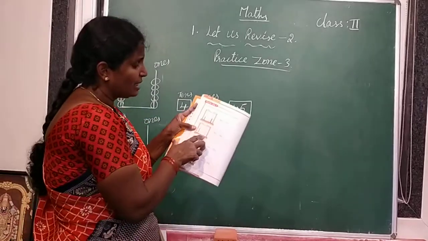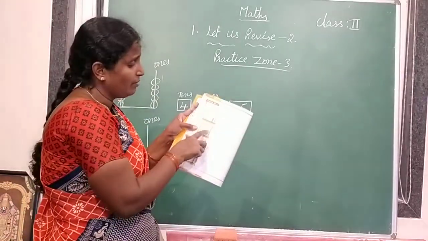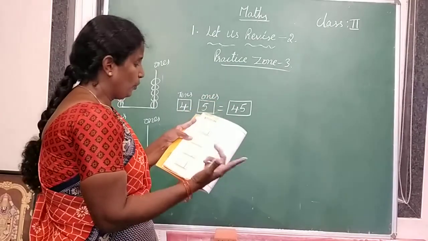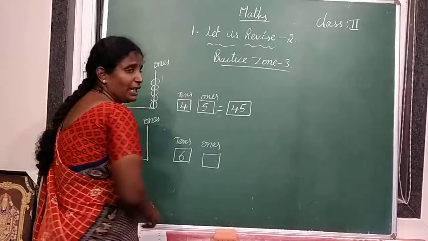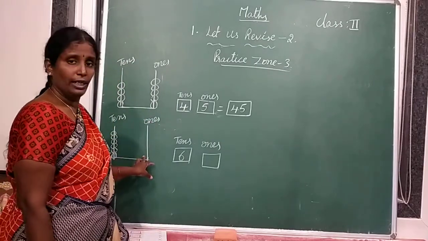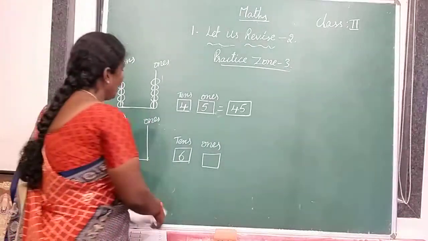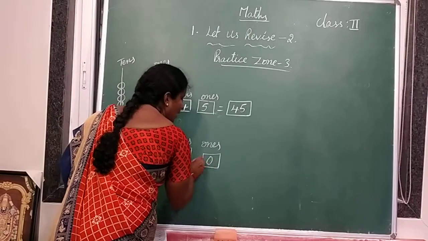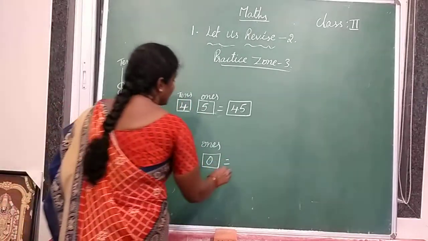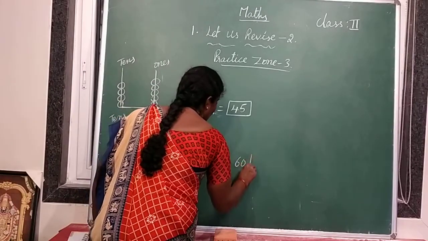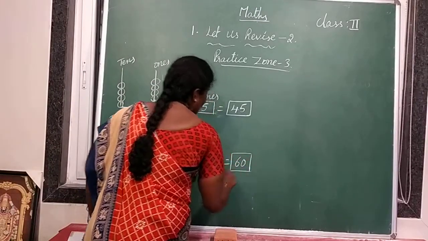And how many beads on ones spike? No ones. So what should we write? There are no beads on ones spike. It means 0. So we have to write 0 under ones. Then what is that number? 60.